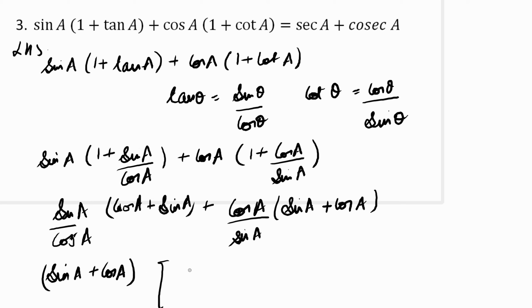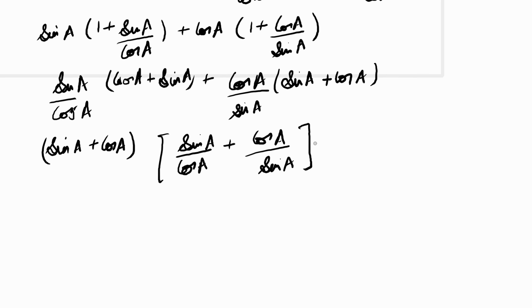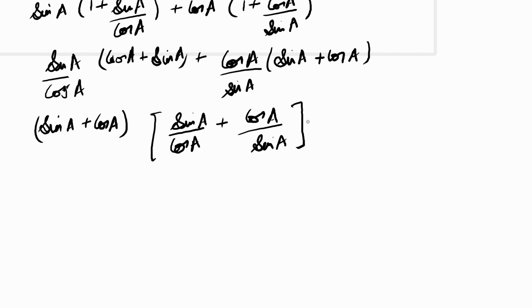So what will happen is, it will become sin A upon cos A plus cos A upon sin A.